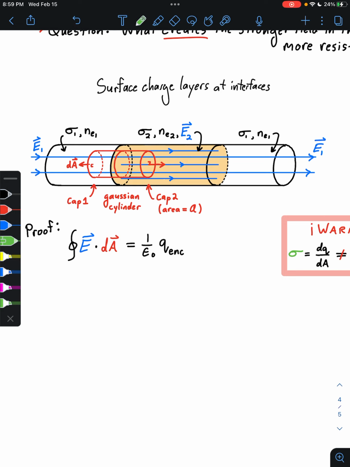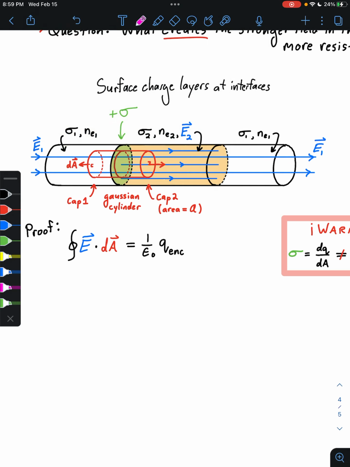I'm going to claim that there will be a layer of excess positive charge with a surface charge density plus sigma located on that two-dimensional surface where the one medium meets the other.